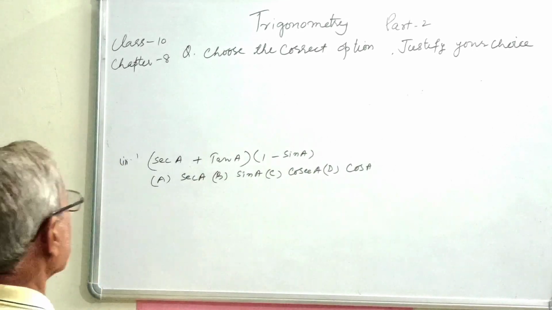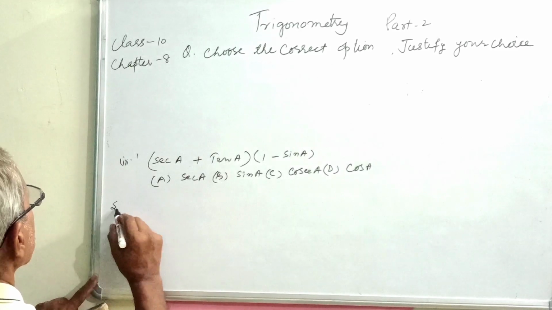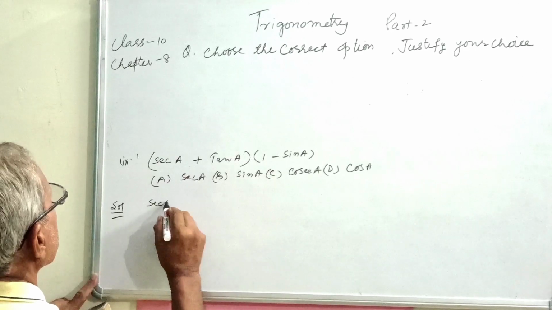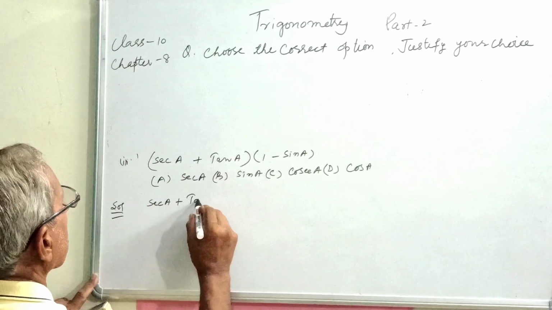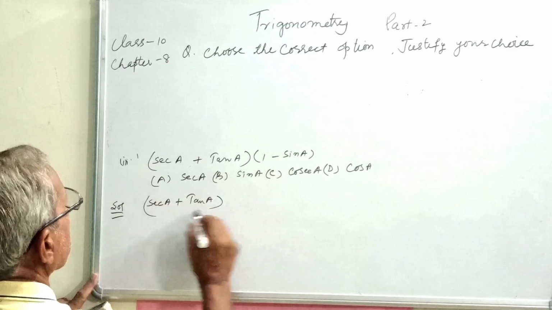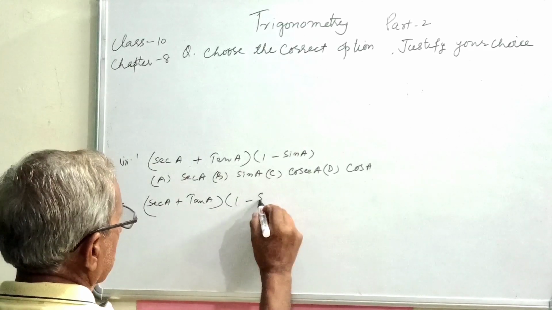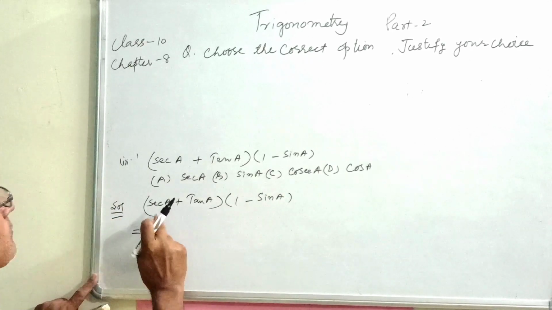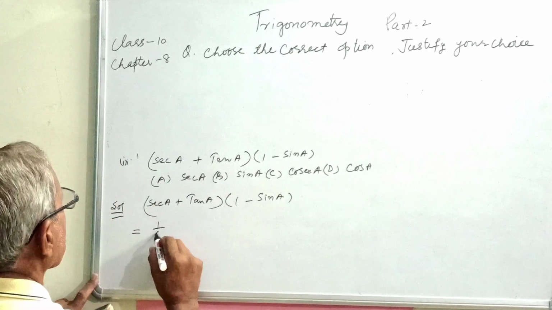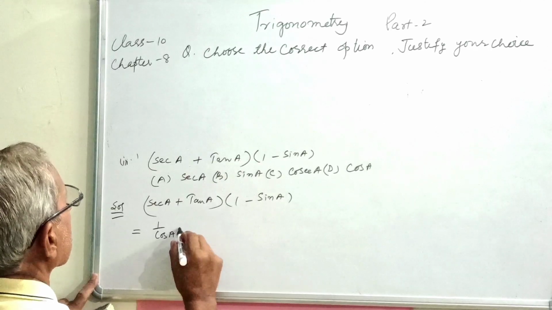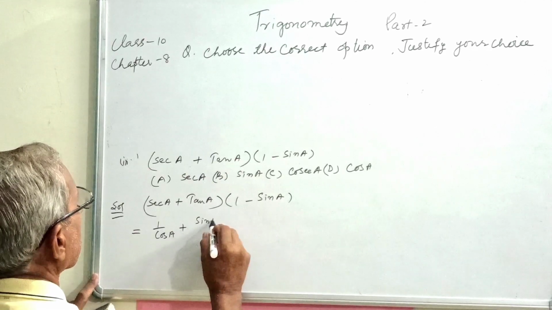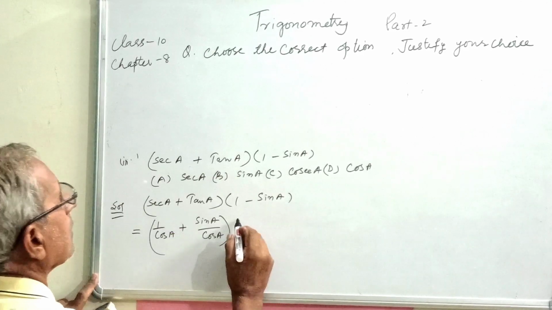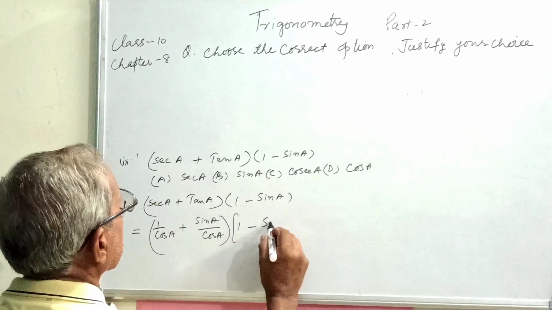So we have to find out. Solution: (secant A plus tangent A) into (1 minus sin A). So it will be (1 upon cos A plus sin A upon cos A) into (1 minus sin A).